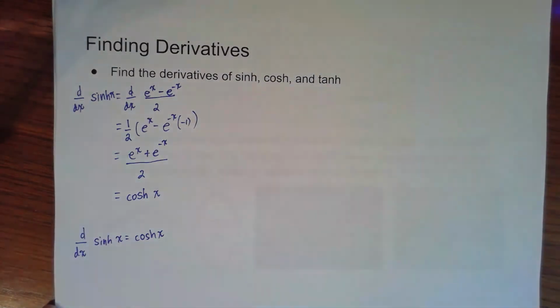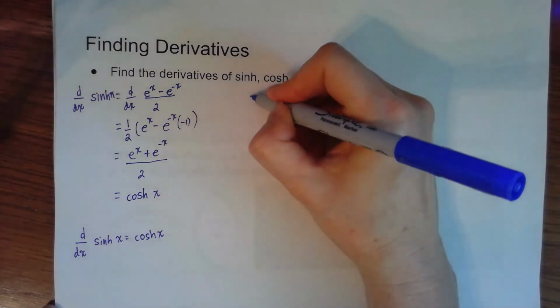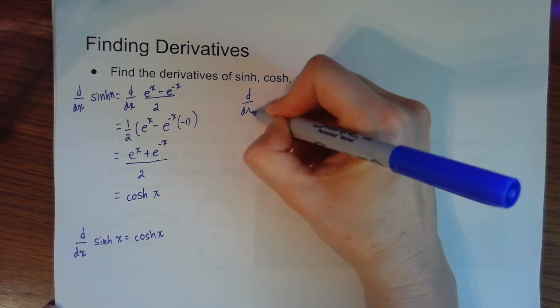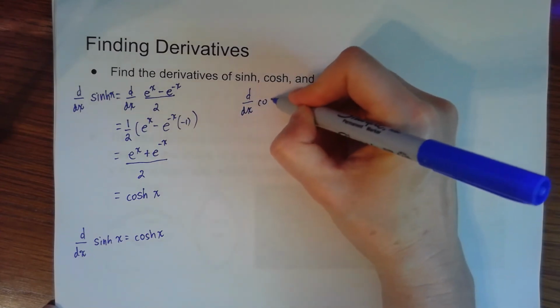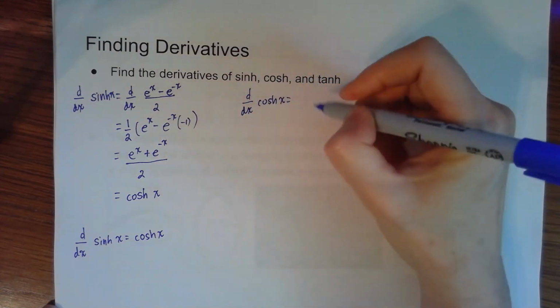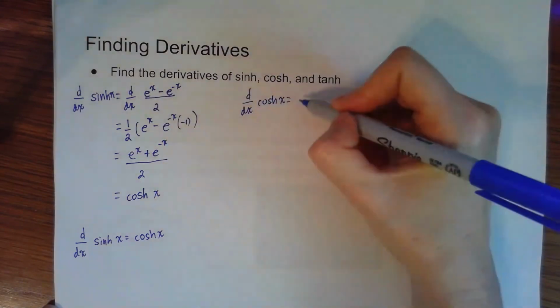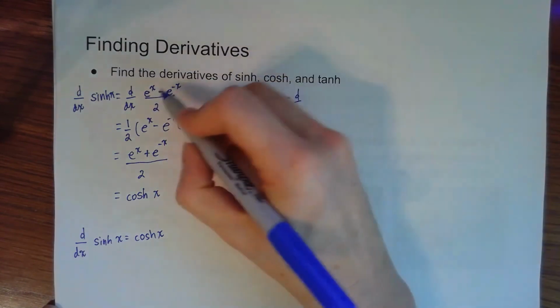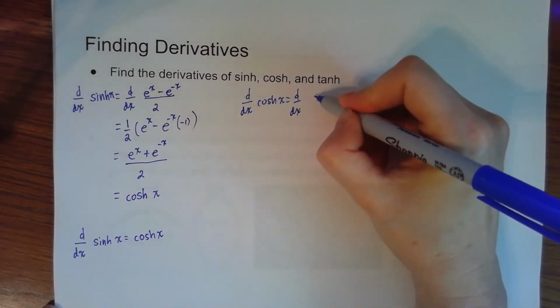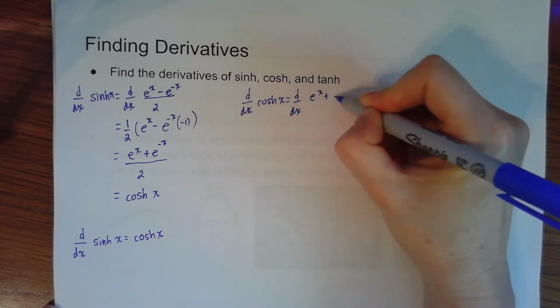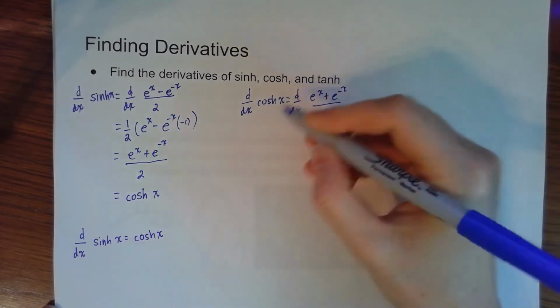Okay, what about the hyperbolic cosine? Well, we'll do something similar. So the derivative of the hyperbolic cosine, the only thing that really changes is that we're going to put a plus in there. So that'll be the derivative of e to the x plus e to the negative x over 2.